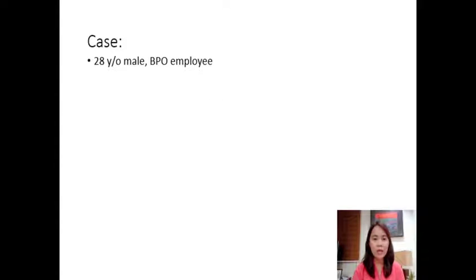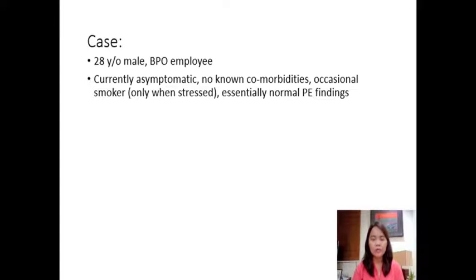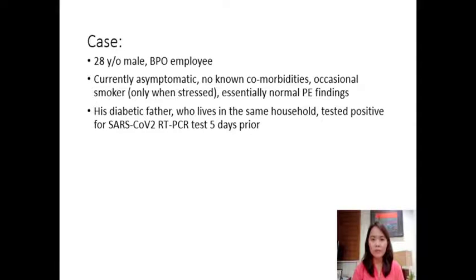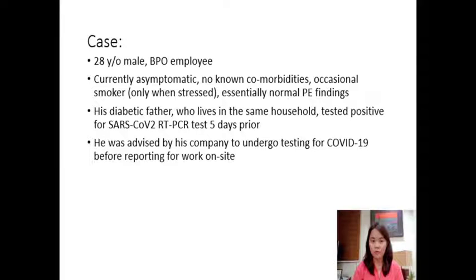So for instance, we have a 28-year-old male, a BPO employee. He is currently asymptomatic, he has no known comorbidities, he occasionally smokes only when he is stressed, and on PE was found to have normal physical exam findings. His diabetic father, however, who lives in the same household, tested positive for SARS-CoV-2 RT-PCR test 5 days prior.